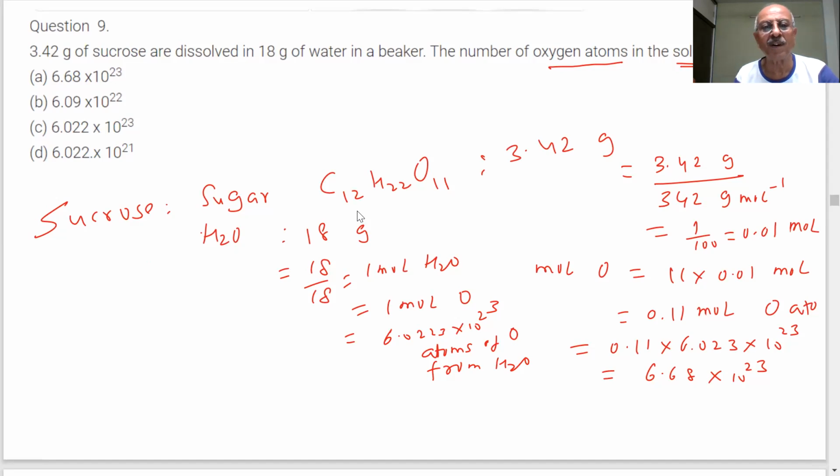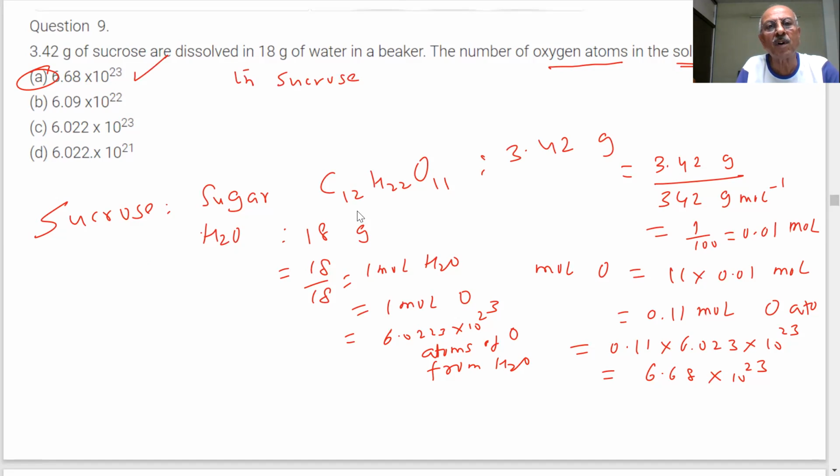Then the value will be different. Got my point? If I don't take this, then I can give this answer. But this assumes that he should have asked 3.42 gram dissolved in 18 grams of water, number of oxygen atoms in the sucrose solution.